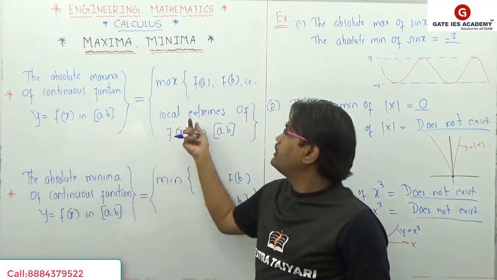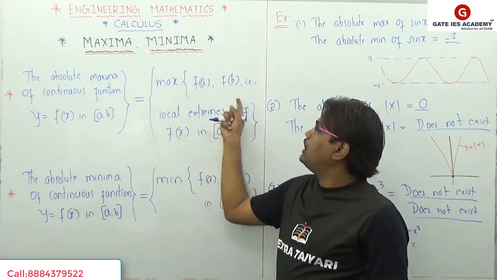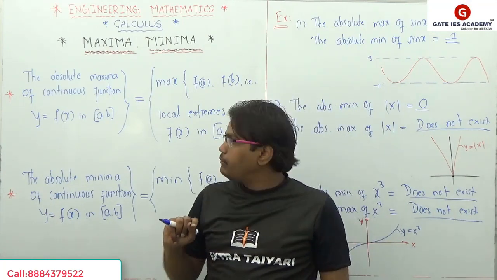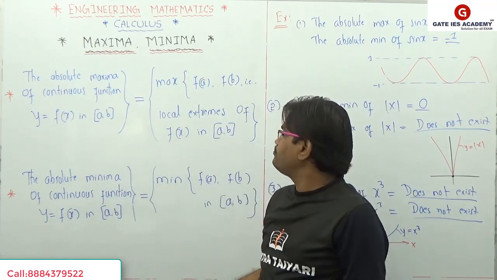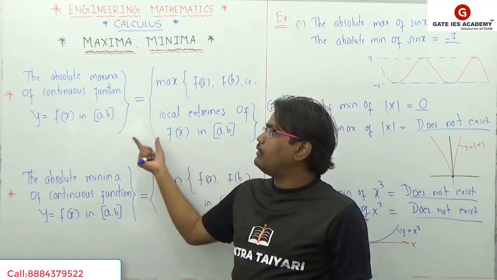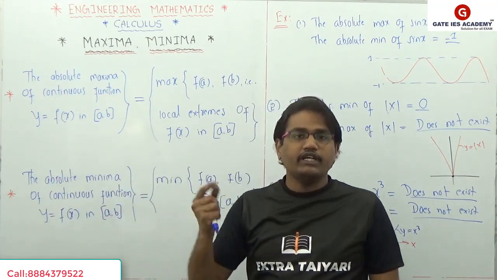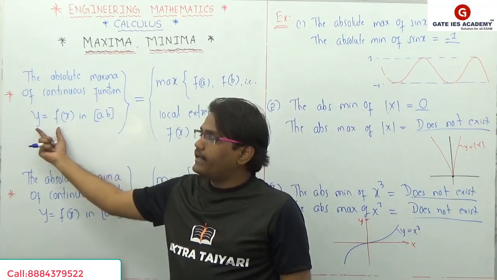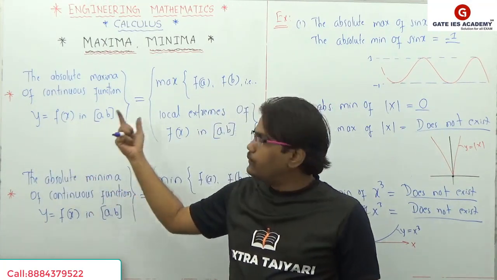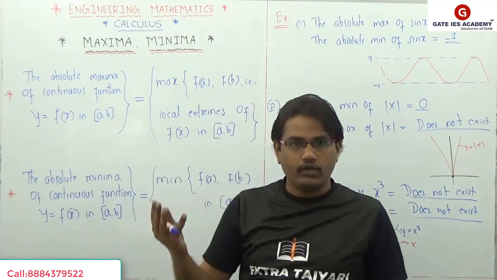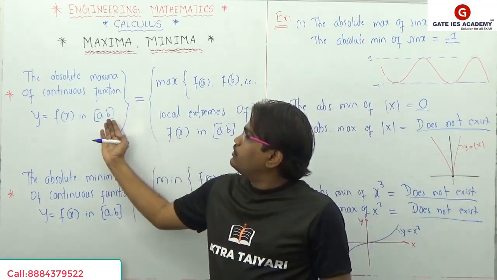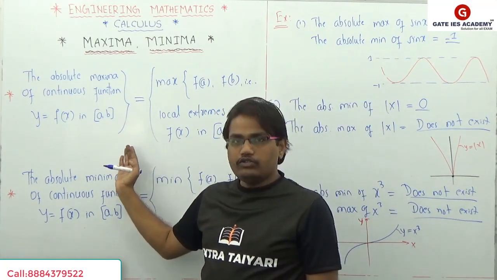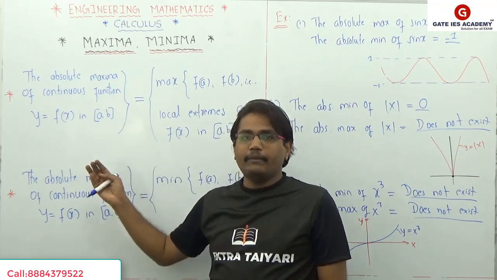It is nothing but the maximum of the local extremes. Means first you need to find the local extremes, right? In a comma b, if you equate the differentiation of y, dy by dx equal to 0, you will be getting the local extreme values, and including a and b.